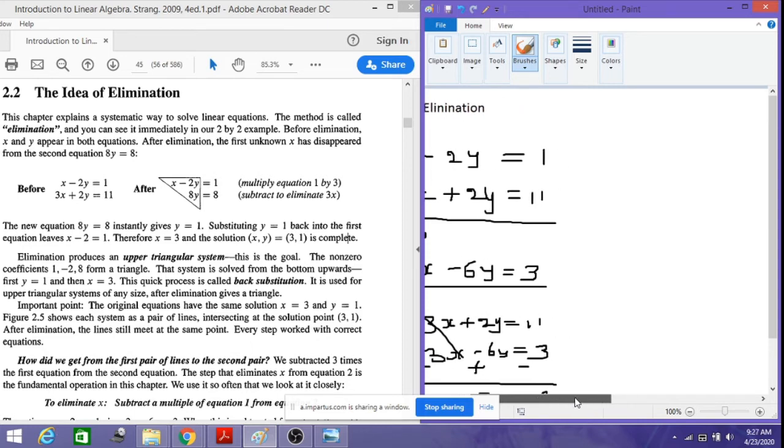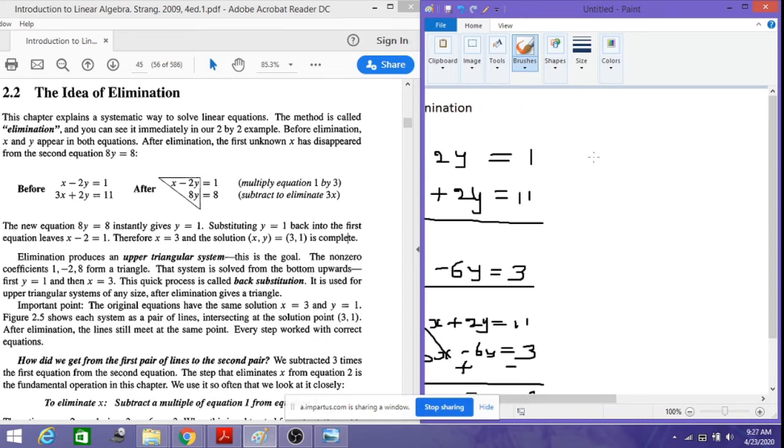Our new form after this is that the first row will remain as it is, x minus 2y equal to 1, whereas the second equation will simplify to 8y equal to 8.